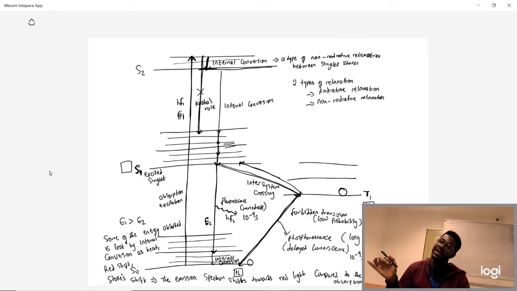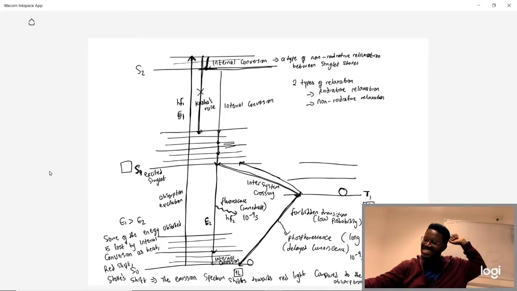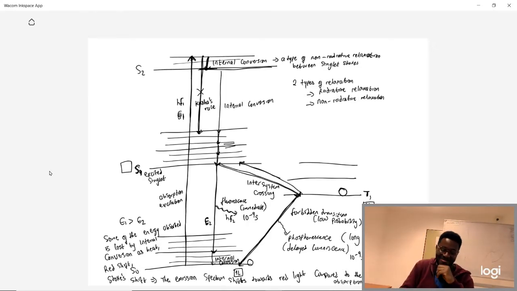What is lifetime? Lifetime is almost like half-life.